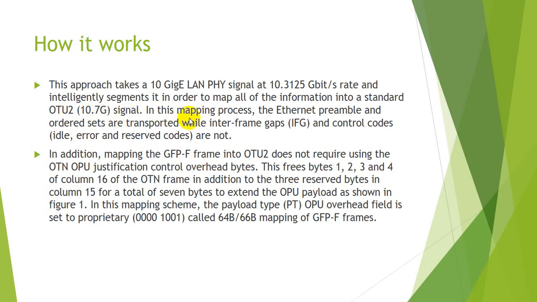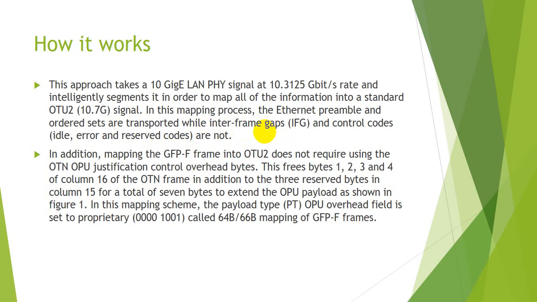While in the mapping process, some of the overhead bytes are curtailed. In Ethernet there are preamble and certain control bytes, and after any frame there is a gap.